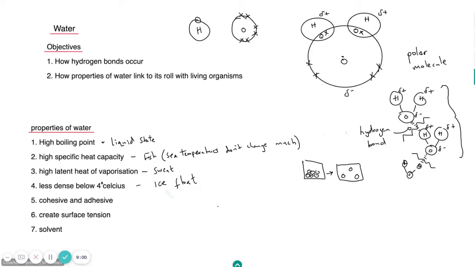And the reason why ice floats, and the reason why it becomes less dense, is as the temperature drops below 4 degrees Celsius, the way that the hydrogens and the oxygens, how these hydrogen bonds form, they start to separate further apart from each other, and you get what we call a tetrahedral formation. And essentially what's happening is it's causing the water molecules to be further apart from each other. And if you ever make particles or molecules move further apart in the same area, that area becomes less dense, and that's why ice is floating.